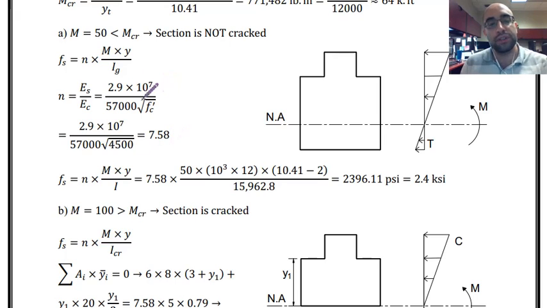So I have to just return n to this equation. Stress is equal to M multiplied by distance over I. I is Ig because in this situation, the section is not cracked, and that's why I am using Ig or gross section properties in the equation. So over here I have n, I have Ig, I have distance from steel to the neutral axis.